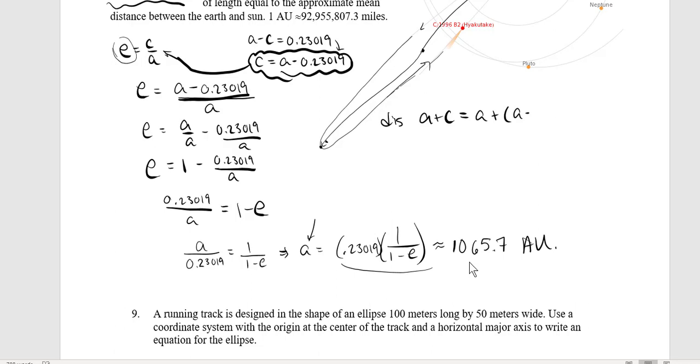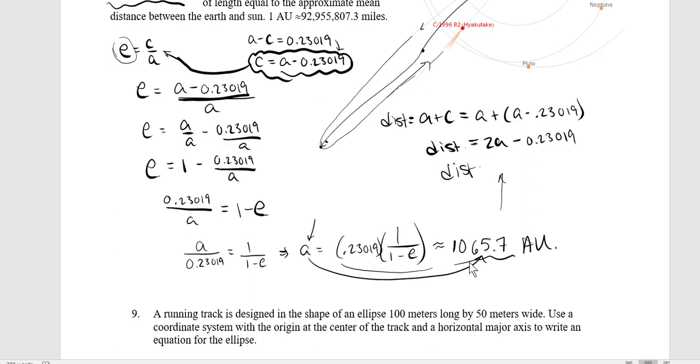This is the distance we want. A plus C, which is A plus A minus 0.23019, which is just 2A minus 0.23019. And now I'm just going to plug in the value of A up here.